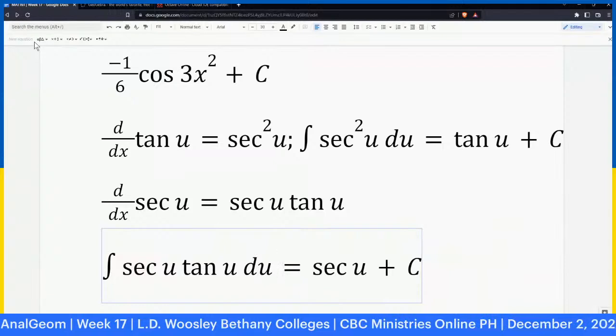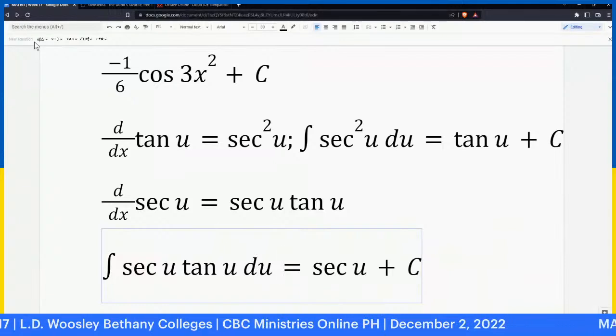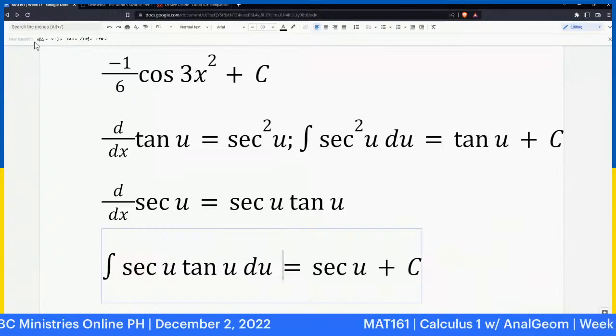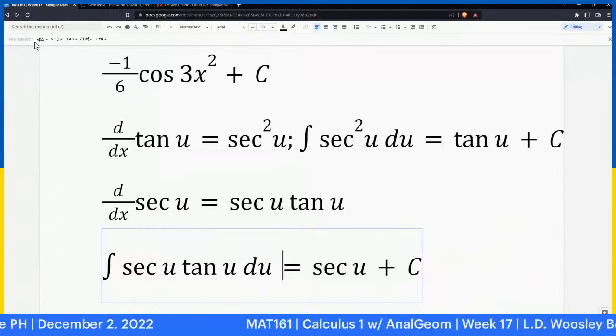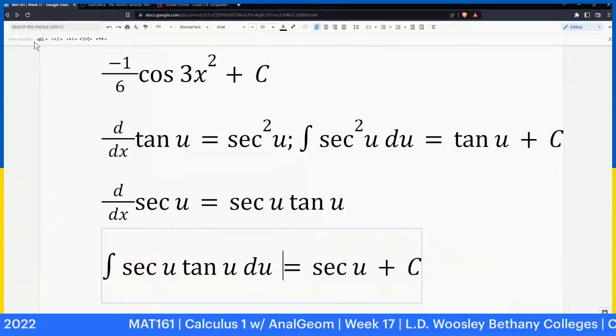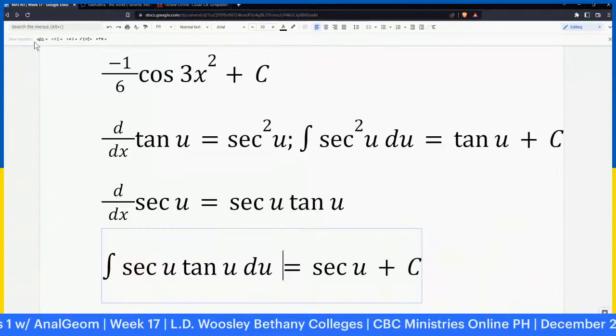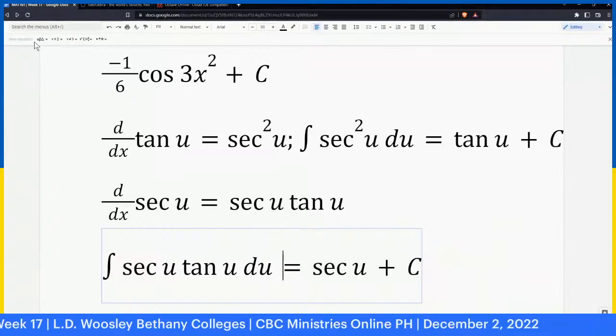Meron pa mga methodologies, no, involved aside from this quick formula. Of course, it's part of your notes. So you could read on that.